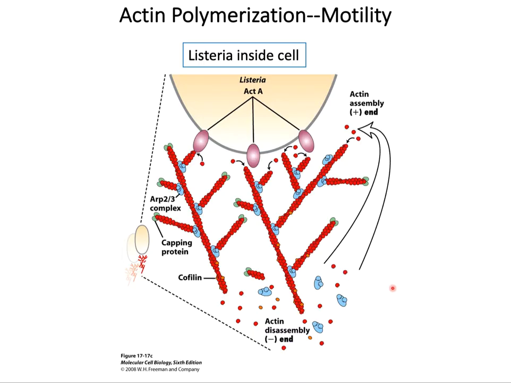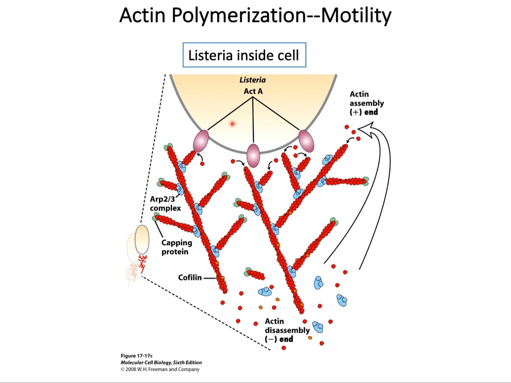So how is this happening at the molecular level? As it turns out, Listeria have on their cell surface another protein known as ActA. This is shown as the pink circle here, and ActA is a very potent activator of the Arp2/3 complex. Remember, a few slides back, I told you that the Arp2/3 complex had to bind to the nucleation promoting factor, NPF, for its conformational change.